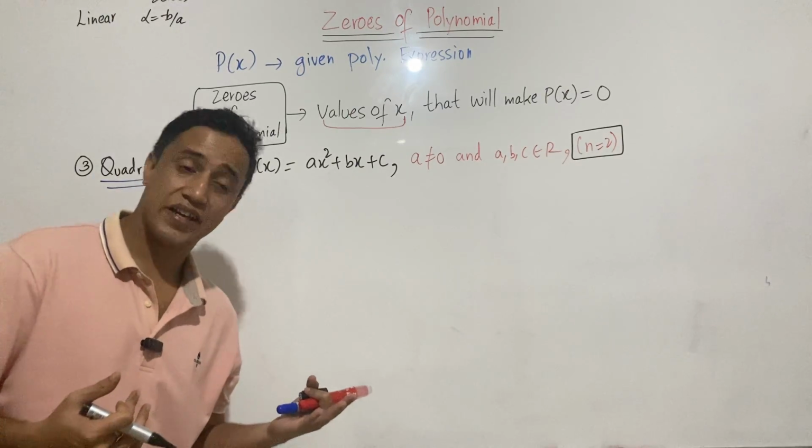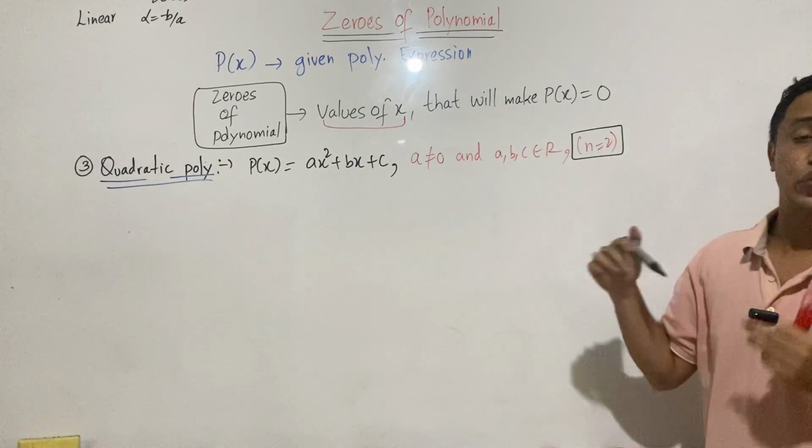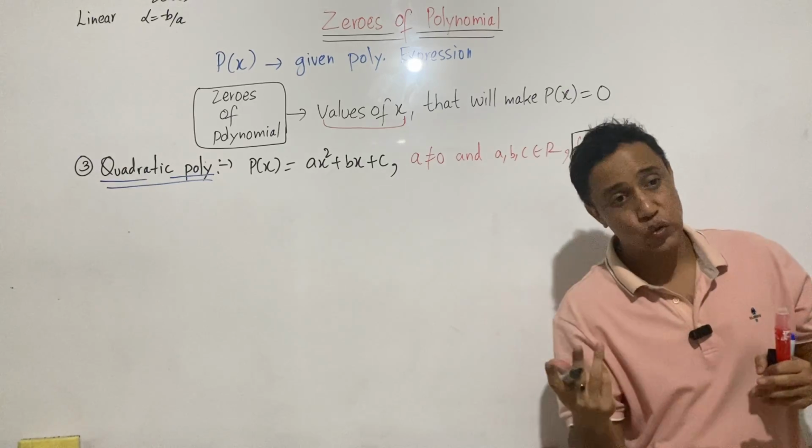Quadratic polynomials have degree 2, so you are going to get 2 zeros.